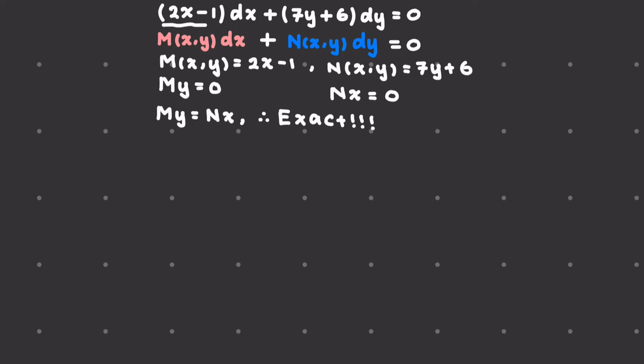First, we know that this is the partial derivative of f with respect to x, and this is the partial derivative of f with respect to y. I'm going to use this equation here, fx equals 2x - 1, and let's integrate it.